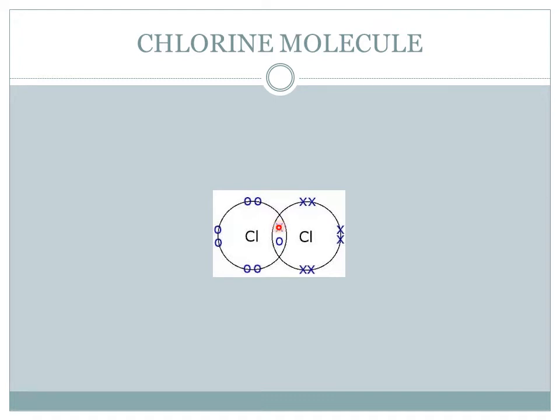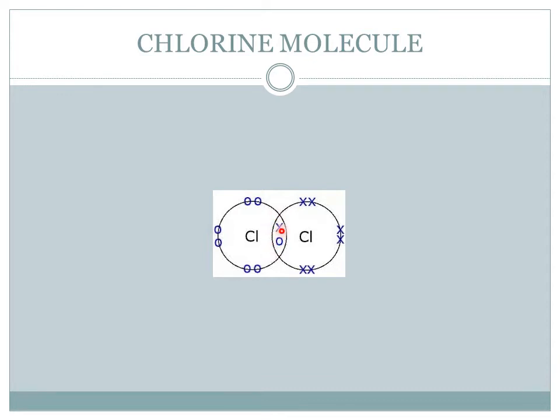Here you can see the formation of a single covalent bond between chlorine atoms. The electron of one chlorine atom is shown as cross and the electron of the other chlorine atom is shown as dot. Both chlorine atoms need one electron to complete the octet.